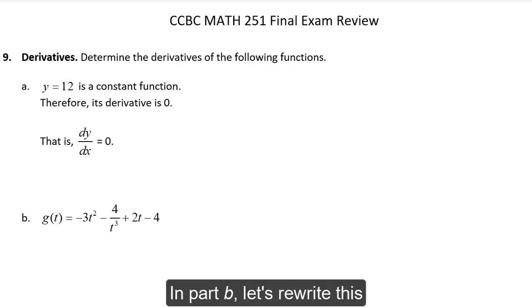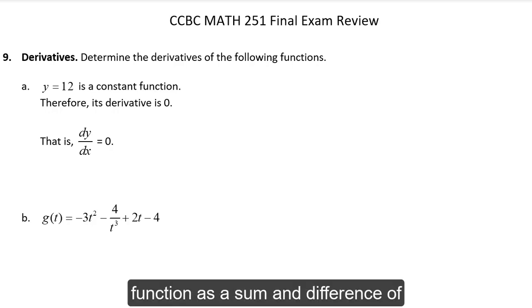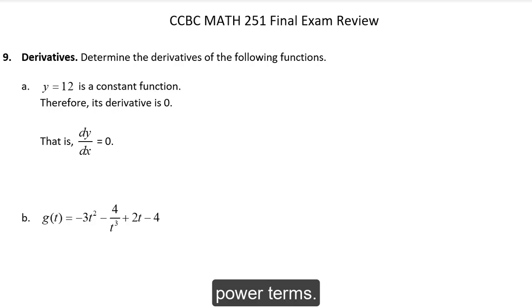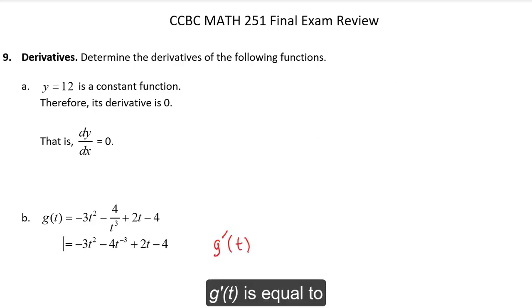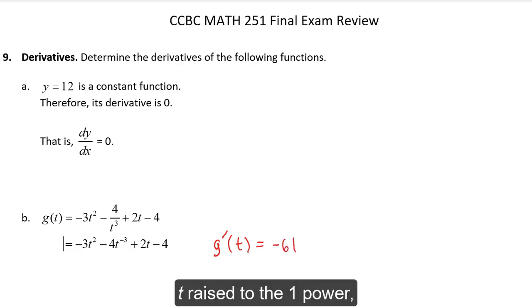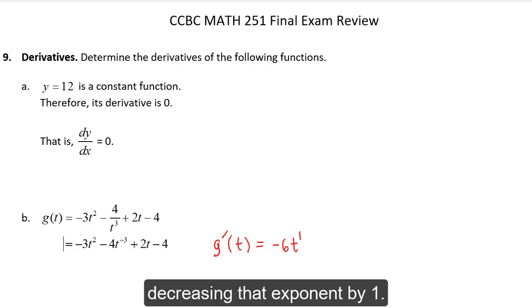In part B, let's rewrite this function as a sum and difference of power terms. Now we can write its derivative. G prime of t is equal to negative 3 times 2, which is negative 6t raised to the 1 power, decreasing that exponent by 1.